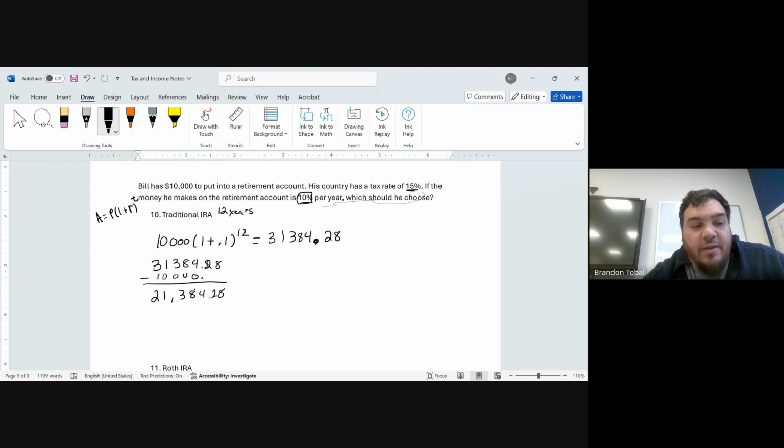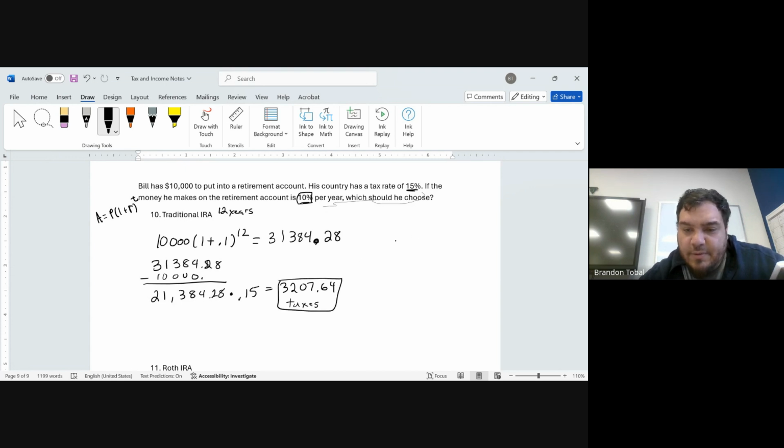This is how much profit he makes. Again, you only get taxed on profit. Now I can tax that by the tax rate of the country, which is 0.15. And that means the taxes he's going to pay is 3,207.64.